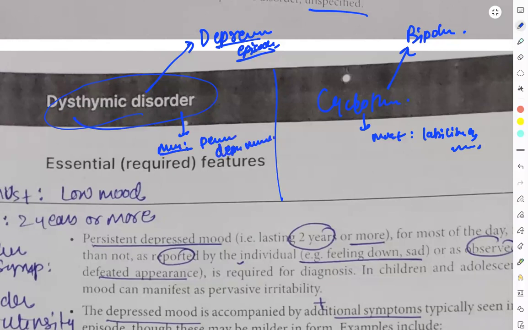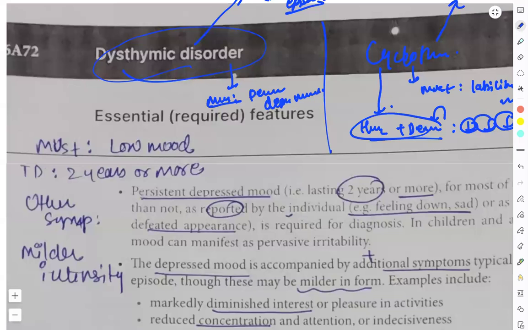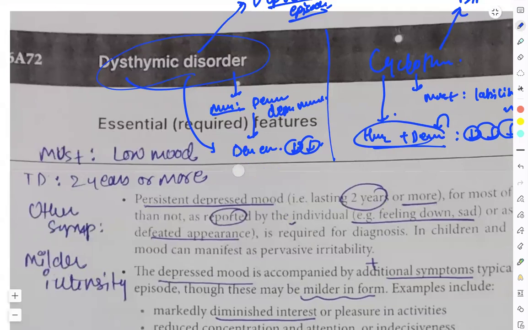And in cyclothymia, the symptoms of hypomania and depressive episodes are present, but not to the intensity needed to diagnose them. Very less intensity, they do not meet the diagnostic criteria. Similarly, the symptoms of depressive episode will be present in dysthymic disorder, but to such a low intensity that you're not able to diagnose the patient as having a depressive disorder.